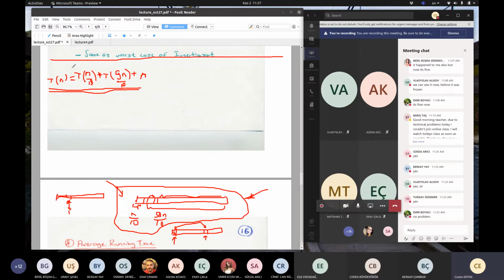T of n equals T of n divided by 10 plus T of 9n divided by 10 plus n. Any ideas? Does anybody remember the master theorem?